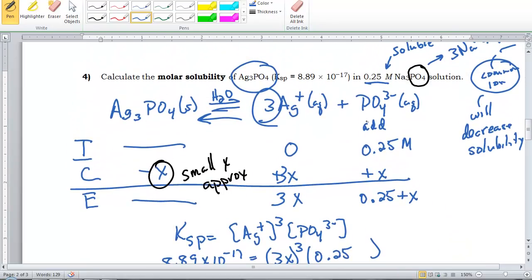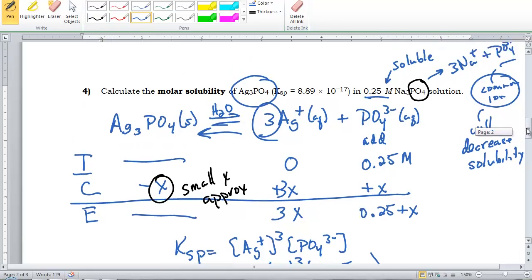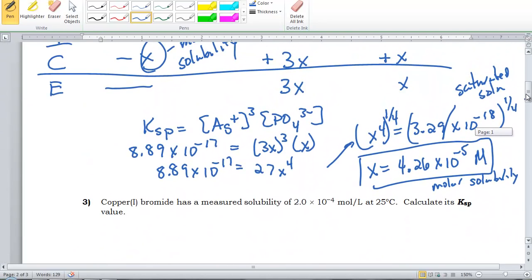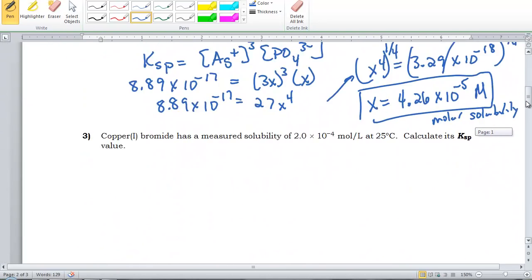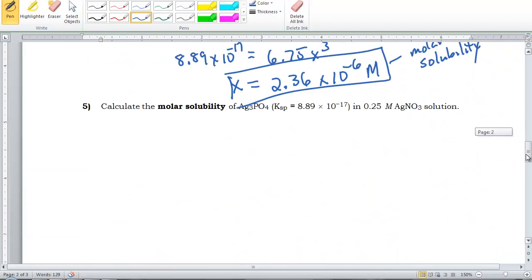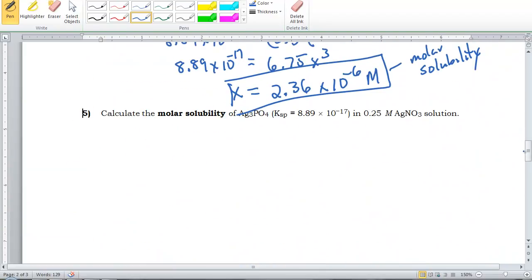So adding the common ion phosphate shifts this equilibrium back to the left, decreasing the solubility. What was it in pure water? 4.26 times 10 to the negative 5th molar. Now we have 2.36 times 10 to the negative 6 molar. Solubility decreased by adding that common ion.